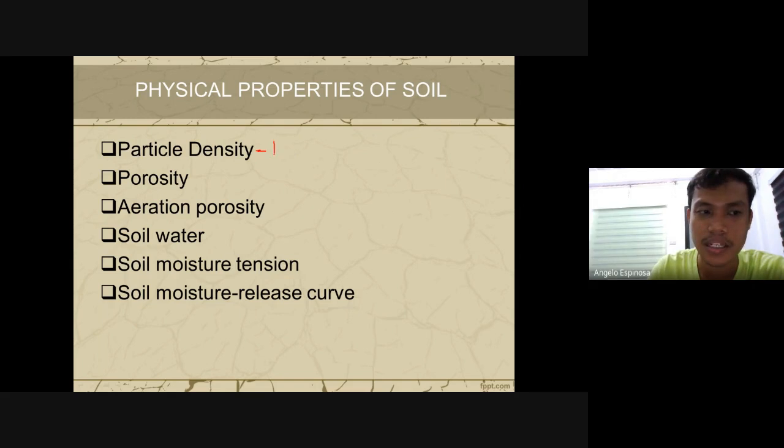So always remember the equation: PD or particle density is equal to the oven dried weight of the soil divided by the volume of the soil, which is represented as the unit of centimeter cube.